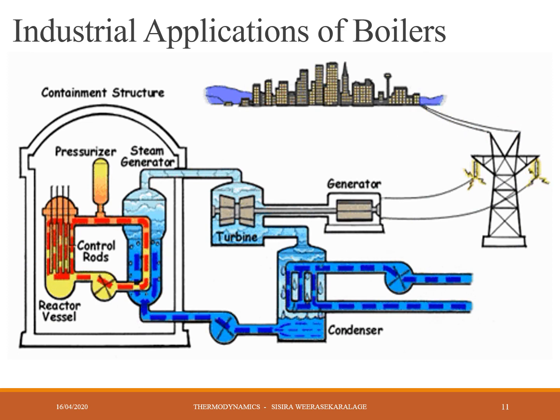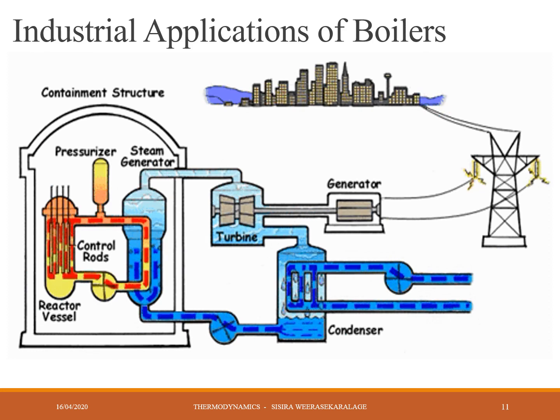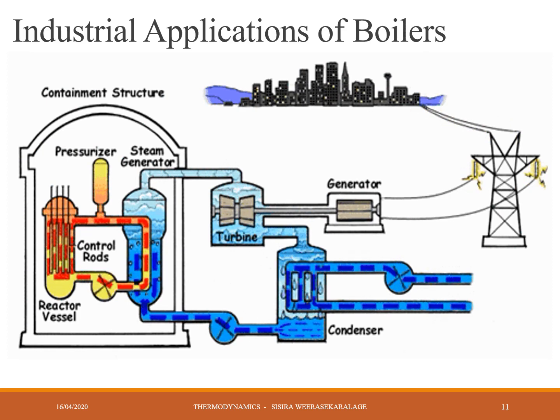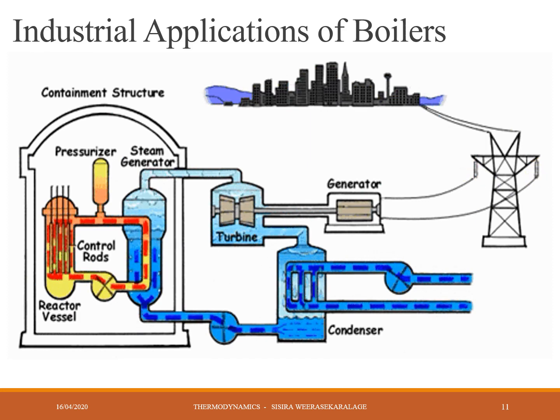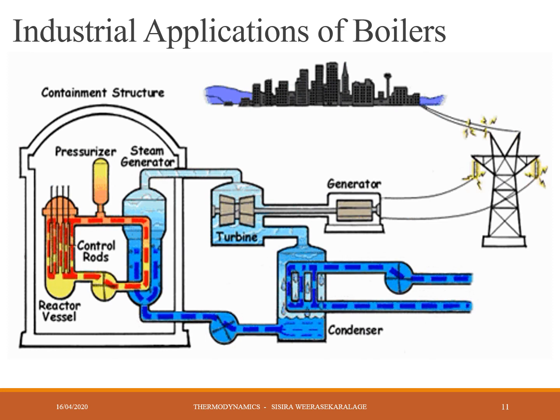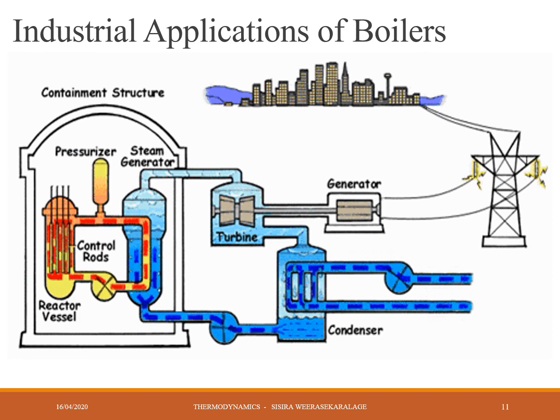In addition, you can see this is one application, because here the turbine is driven by the steam and it is coupled to a generator. So it generates power. The steam leaving the turbine reaches a condenser, and that condensed steam, that means water, is again fed into the boiler or the steam generator. It's a cycle, right? This is the steam cycle.